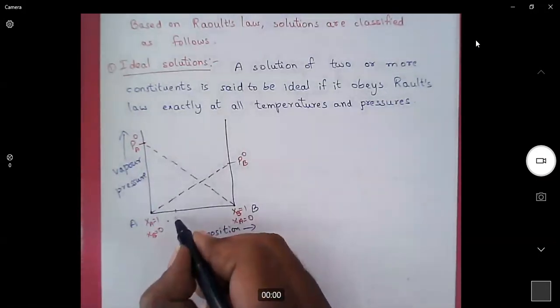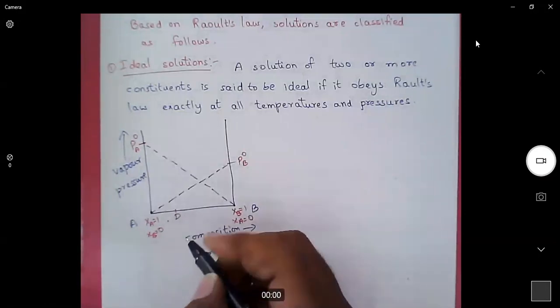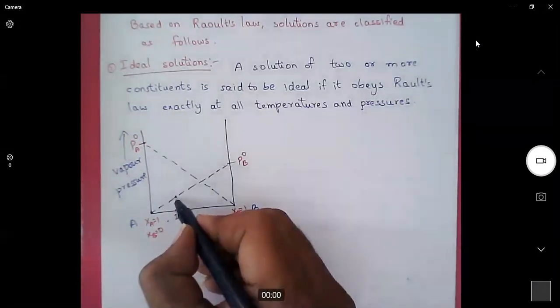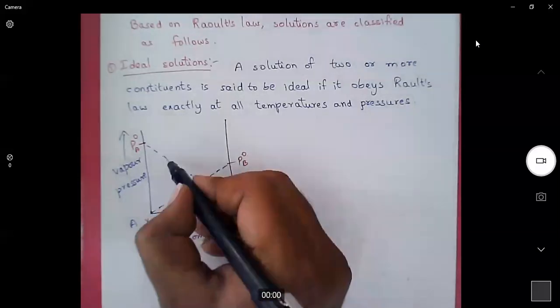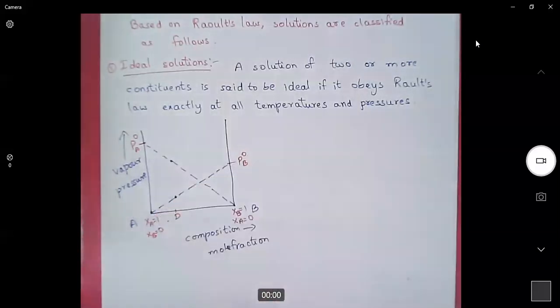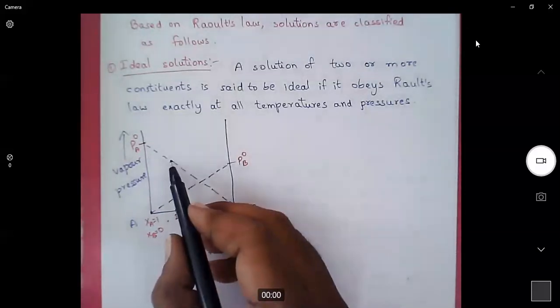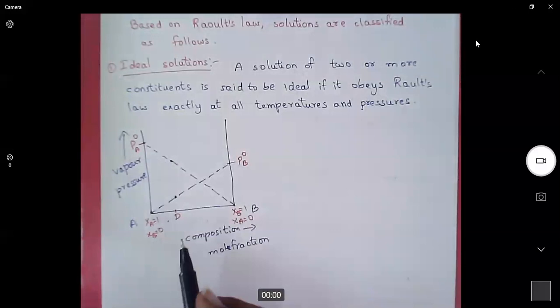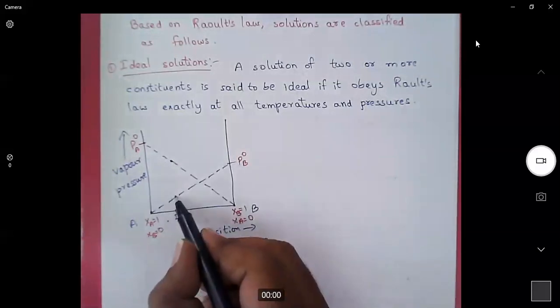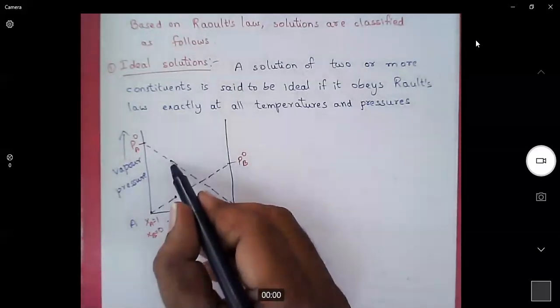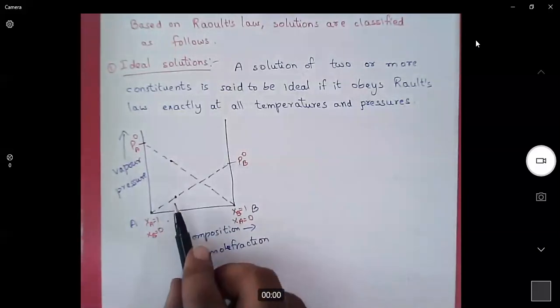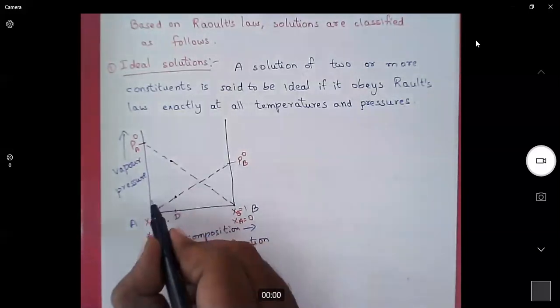For example, if we have a position D where we have this much B and this much A, what is the resultant? According to Raoult's law, the total pressure must be equal to the partial pressure of A plus the partial pressure of B. Here the partial pressure of B is this much, and the partial pressure of A is this much. We need to add these two terms.